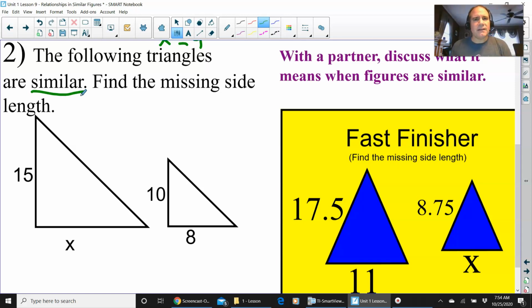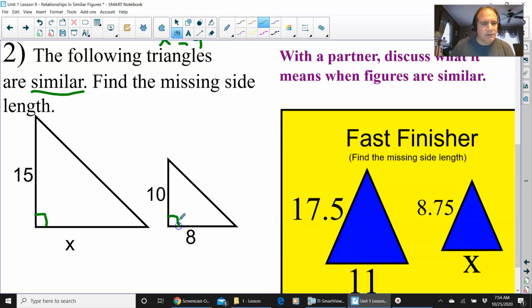And they also have all of their corresponding angles equal, right? They're congruent. All of the corresponding angles are equal in similar figures. So if you think about this being a right triangle here, you would draw a box there. This is 90 degrees. This is a corresponding angle.